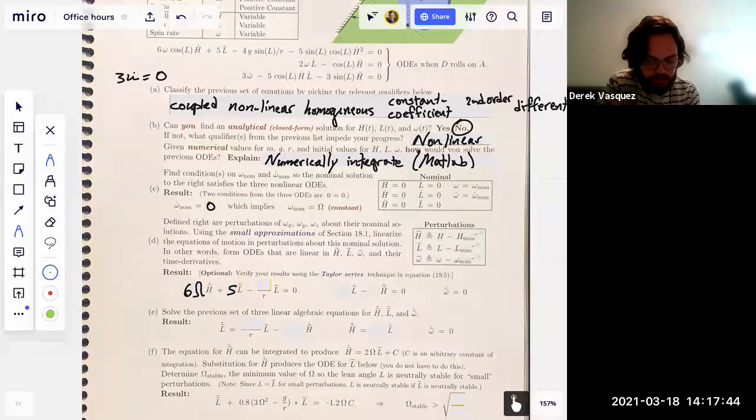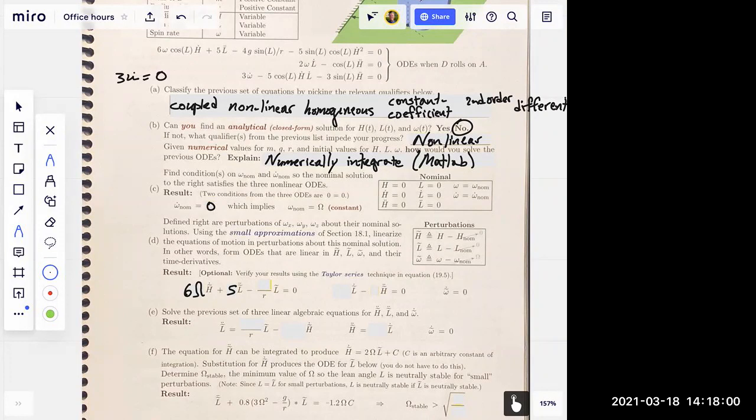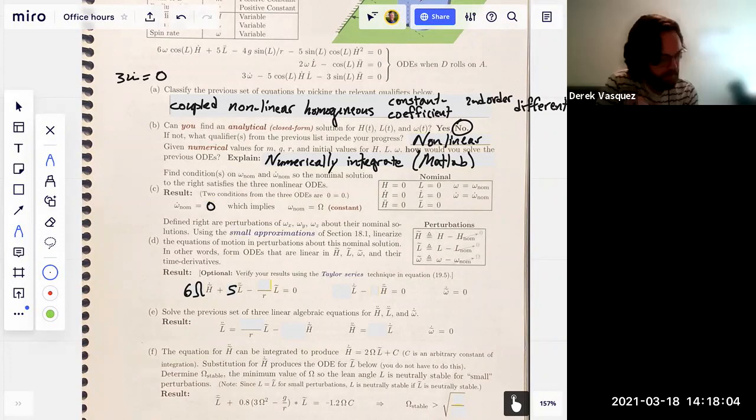Then this next term is 4G sine L over R. What's our linear approximation of a sine term? It would just be the angle inside of it. That's right.